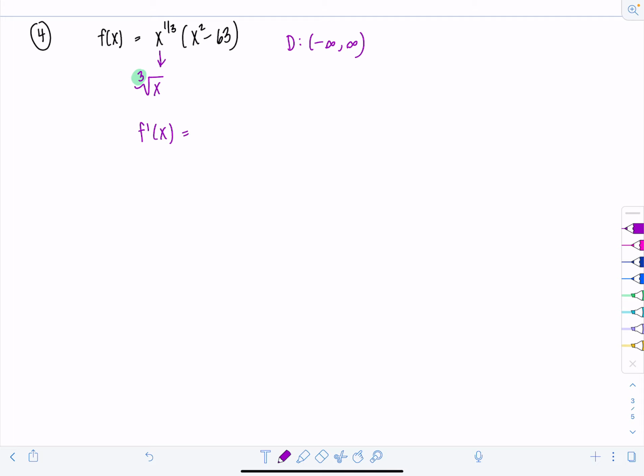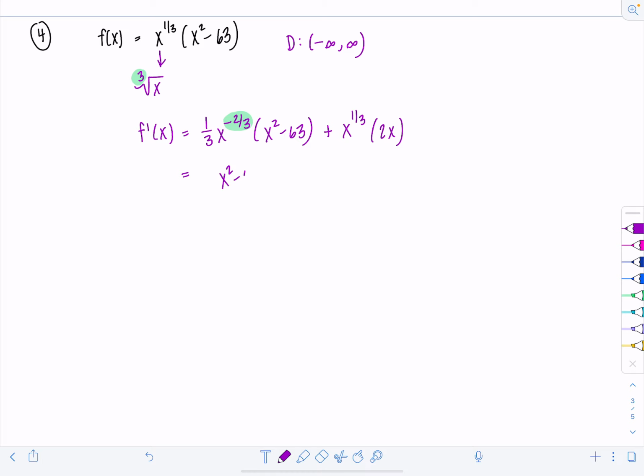So f prime of x is equal to, I'll take the derivative of x to the 1/3: 1/3 x to the negative 2/3, leave this alone, plus x to the 1/3. Now I take the derivative of x squared minus 63, which is just 2x. Again, I have a negative exponent, so that's going to go in the denominator.